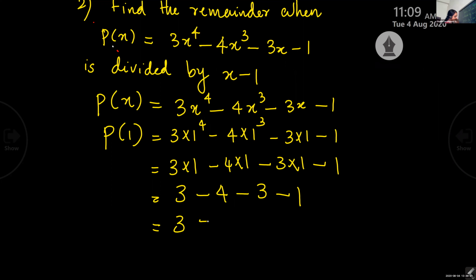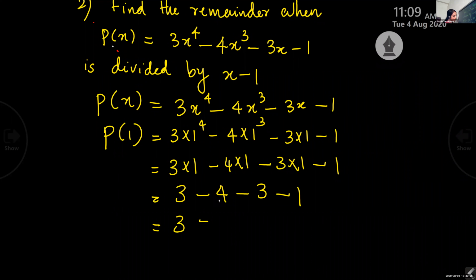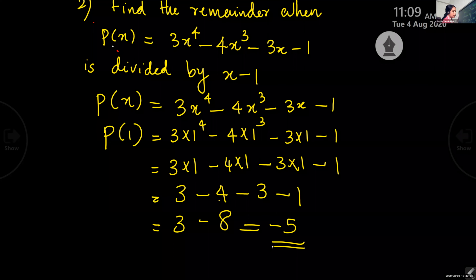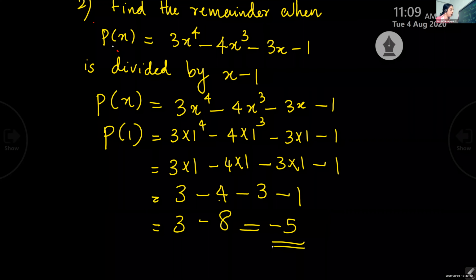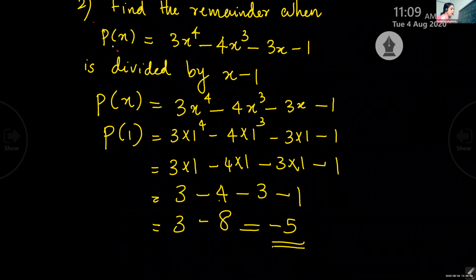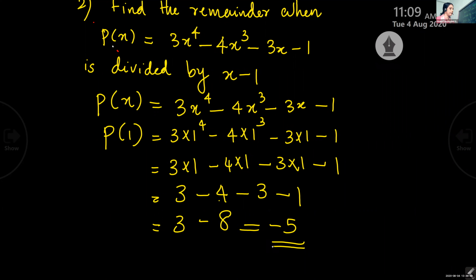Minus 4 minus 3 is minus 7. Minus 7 minus 1 is minus 8. What is the answer? 3 minus 8 is minus 5. See? You are not aware of the negative or positive addition and multiplication till now.